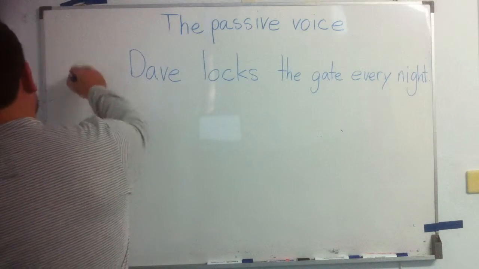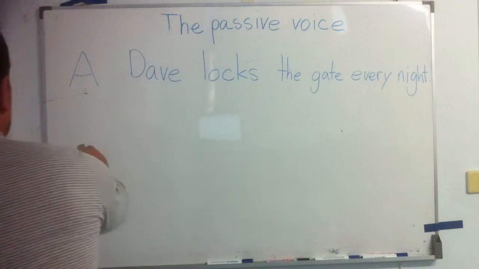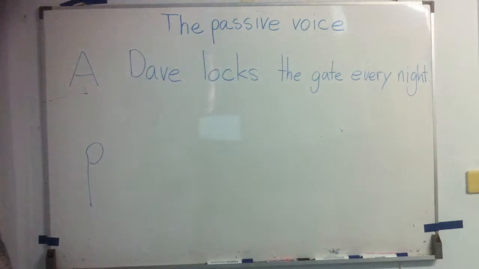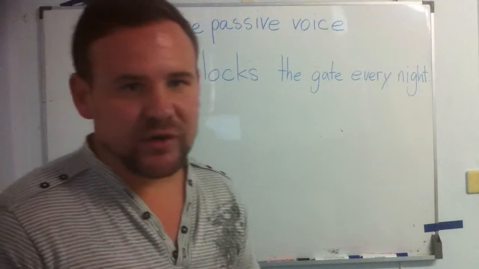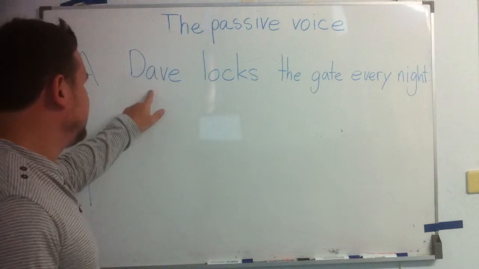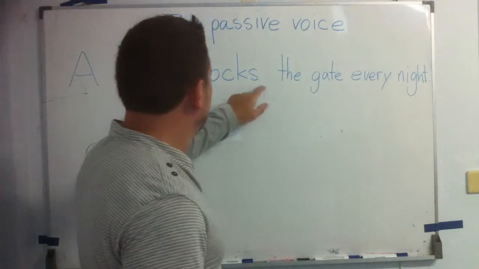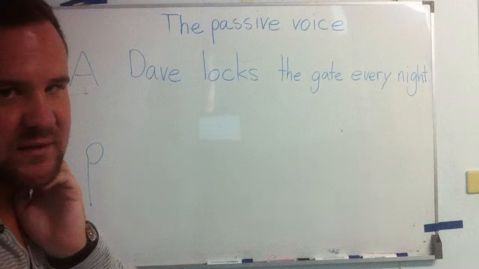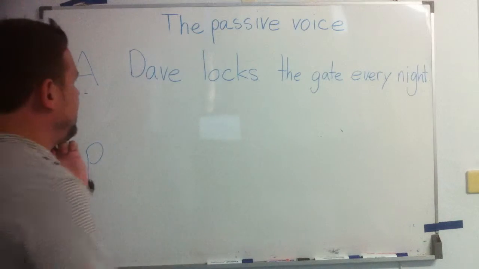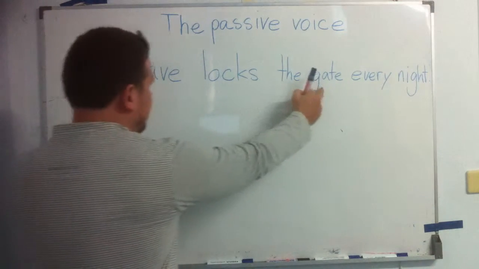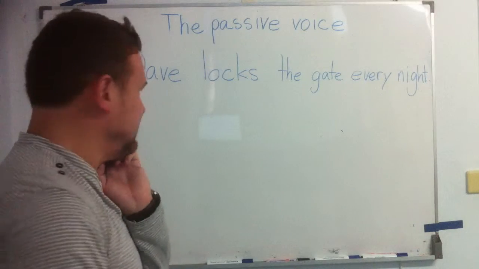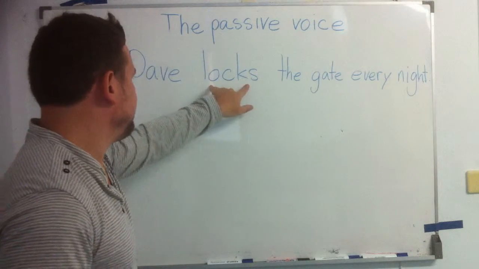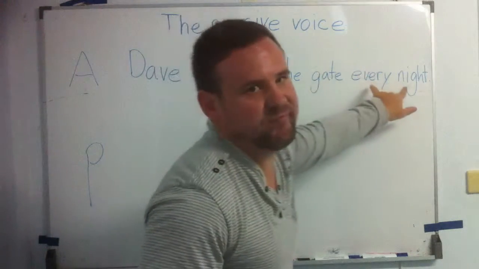Okay, and again, this is in the active voice. We're now going to change it to the passive voice. So we know that the doer of this sentence is Dave. Dave is doing the locking of the gate every night. So where is the object? The object is the gate. So, doer, our verb, object, and then every night.